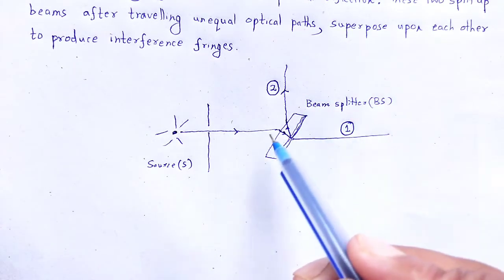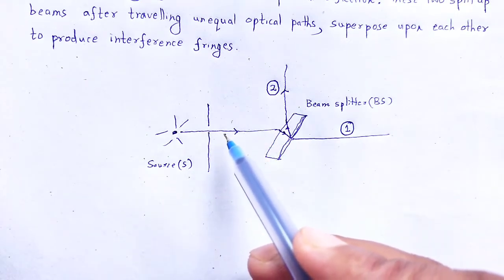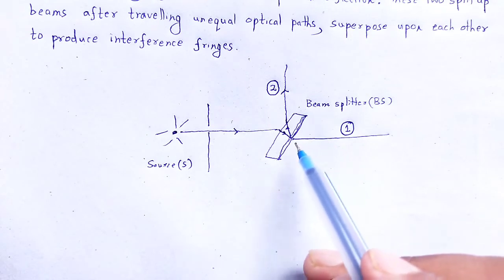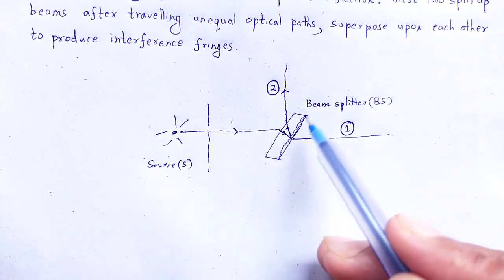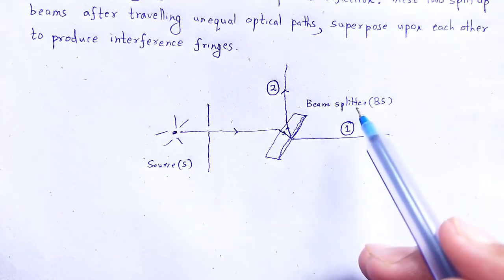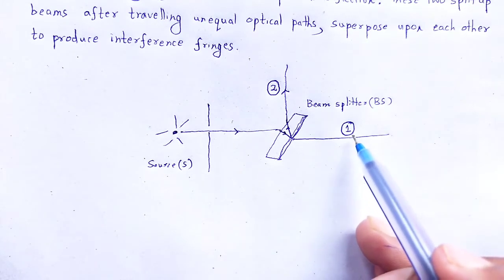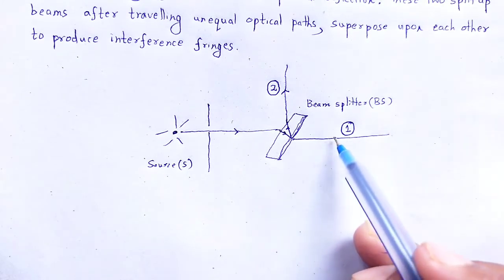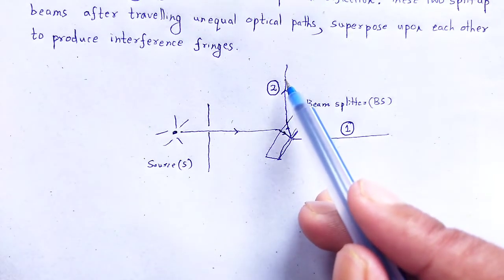The beam splitter divides the ray of light, or we can say the light wave, into two halves, light beam 1 and light beam 2. The thickness of the beam splitter is negligibly small, so that beam 1 is transmitted through it and beam 2 gets reflected.